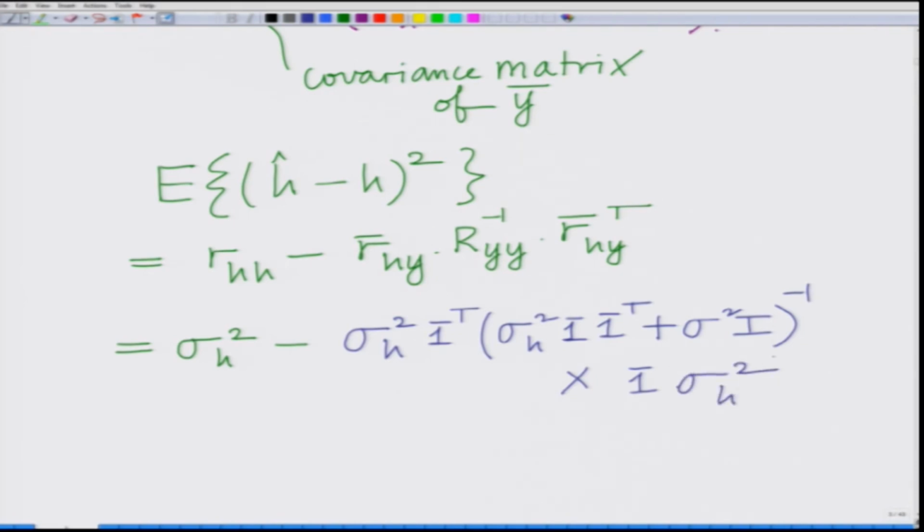sigma h square. Okay. And now, this is your r h h, that is your sigma h square, this is your r bar h y, this is your R y y inverse, correct, and this quantity is basically your R bar y h.